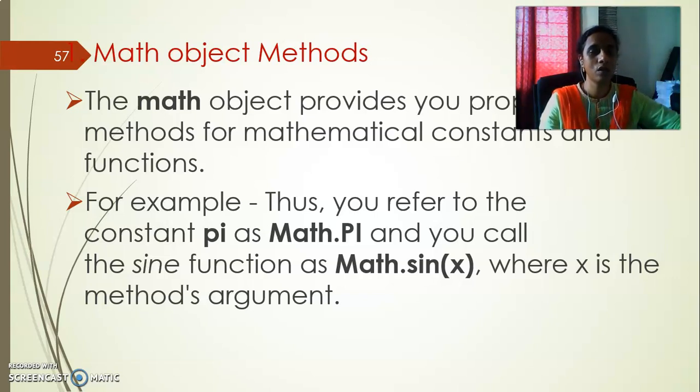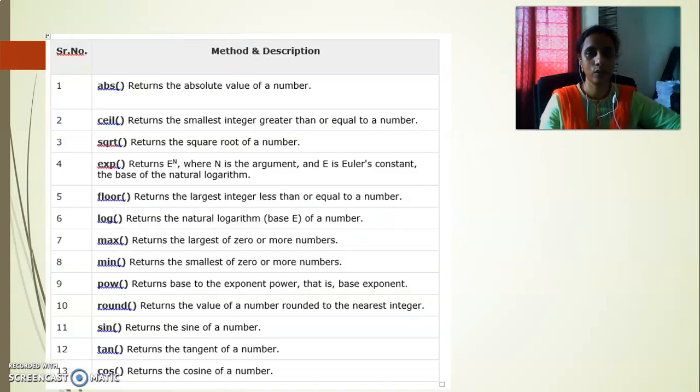You can also call sine, that is math.sin of x. Then you have absolute value, ceil value, square root, exponential value, then floor, log, max, min, power, round, sine, tan, and cos. Likewise you can use all these methods along with your objects.